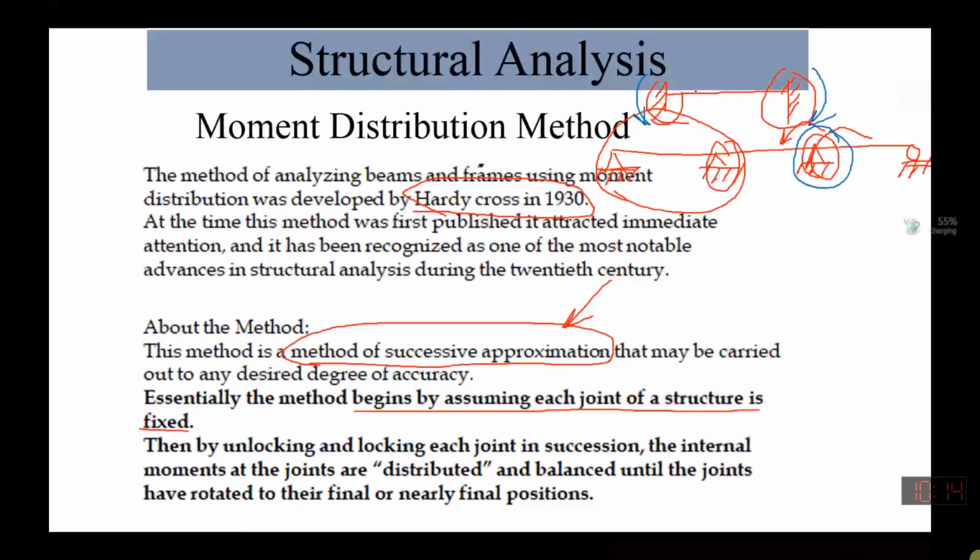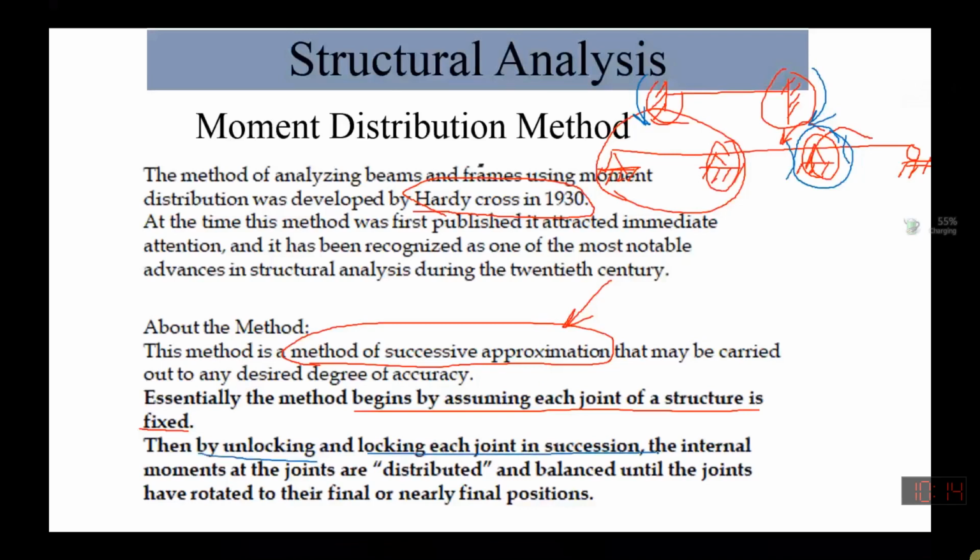Once we have considered that the moment is there, we distribute it to the side spans, according to how much can be taken by each span. And then we again consider that the joint is locked. In this way, by unlocking and locking each joint in succession, the internal moments are distributed and balanced.